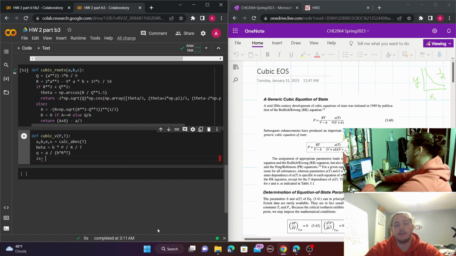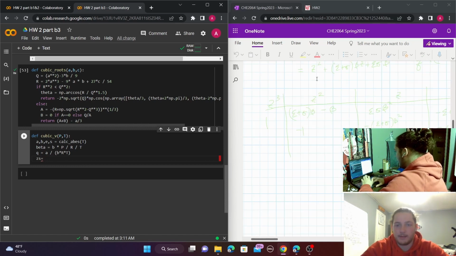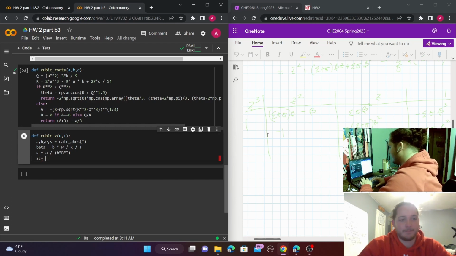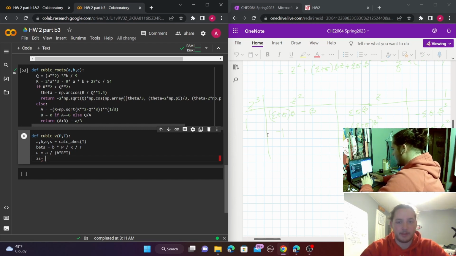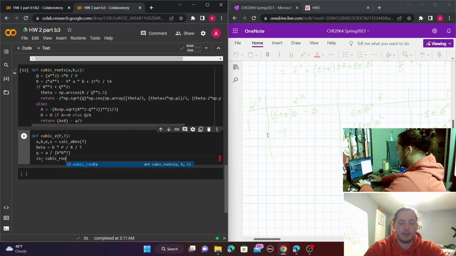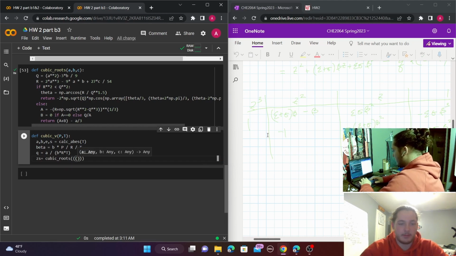which was the set of values in the table for z cubed, z squared, z, and 1. And I have this pulled up here just so I can reference it and not have to turn around every time. So now we have z's equals cubic roots, and we have 3 cubic roots.